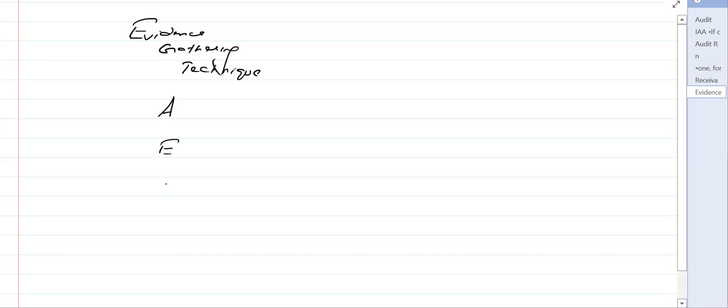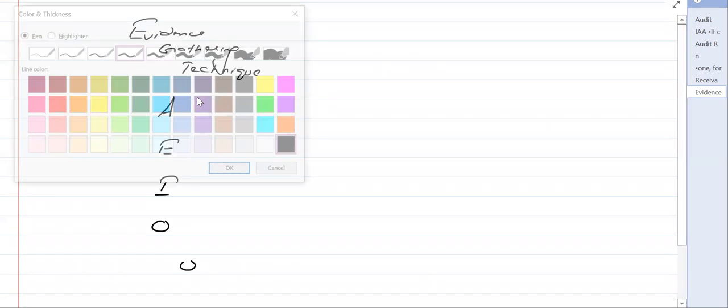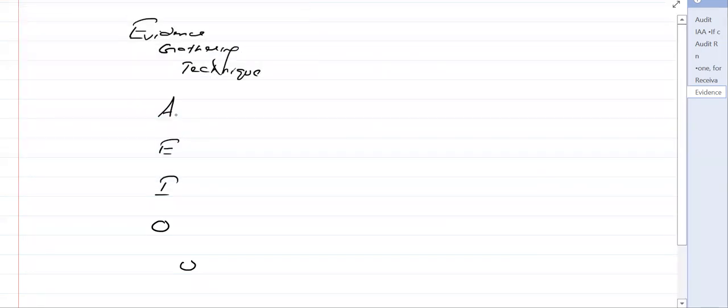All right, so today we are going to talk about the evidence gathering technique, which is something very important. Now, this is simply AEIOU. So again, you already know that A stands for analytical procedure.